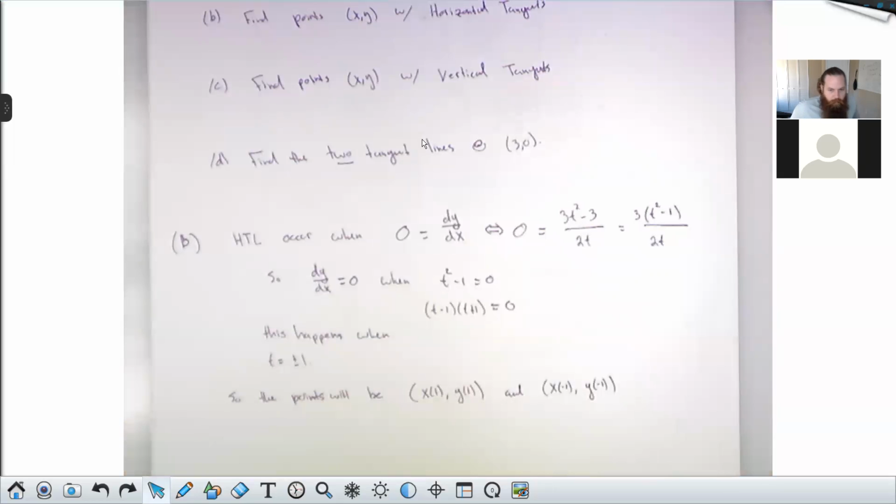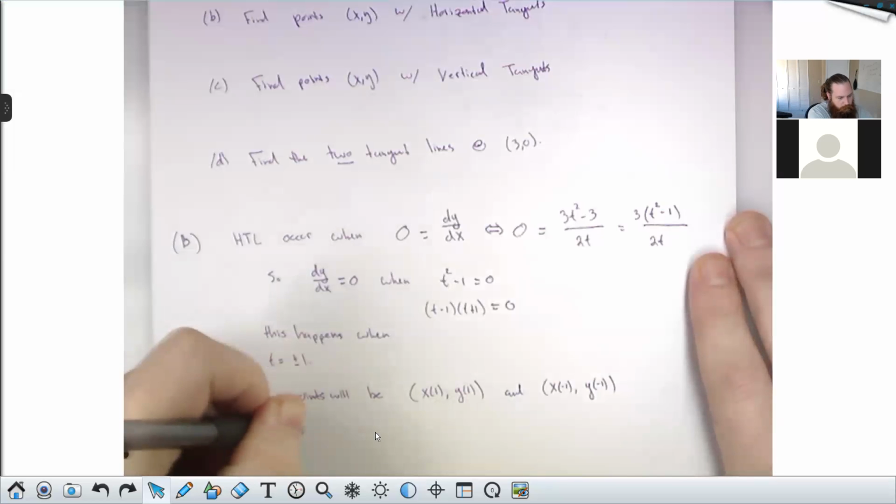All right, if you recall, the way we find points on the graph of a parametric curve is by plugging t values into the x and y functions. So I want to find the point on the graph associated with t equals +1. So I'm going to plug t equals 1 into both the x and y equations.